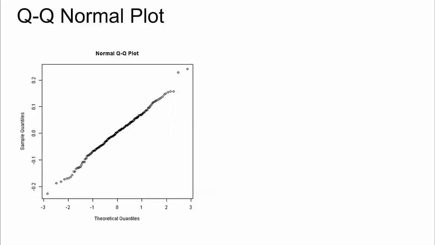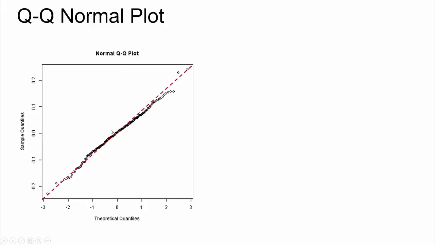So the QQ normal plot, what we've plotted is the quantiles of a sample distribution here and the quantiles of a theoretical distribution here. You can do this for most any distribution. In this case, we're comparing the quantiles of a theoretical normal to these data, and they should fall in a line.